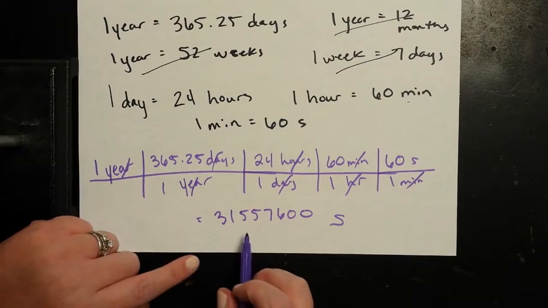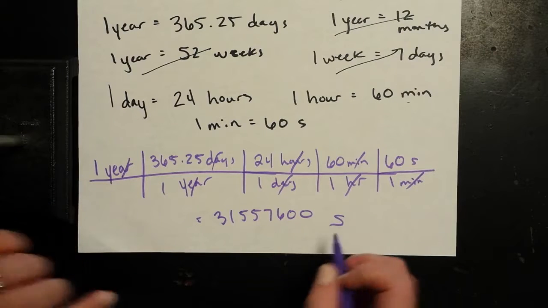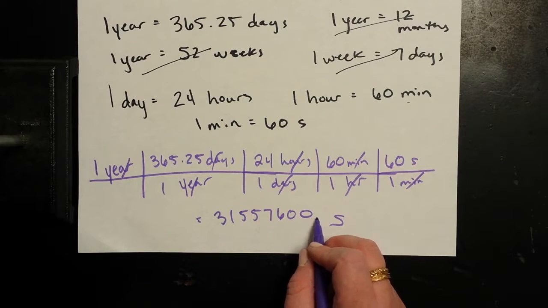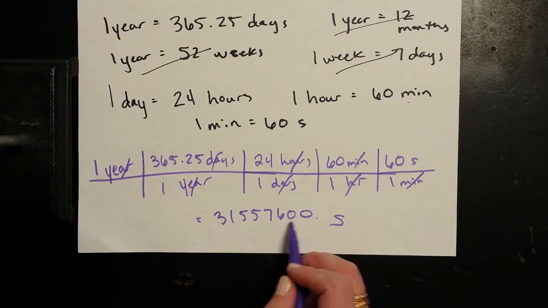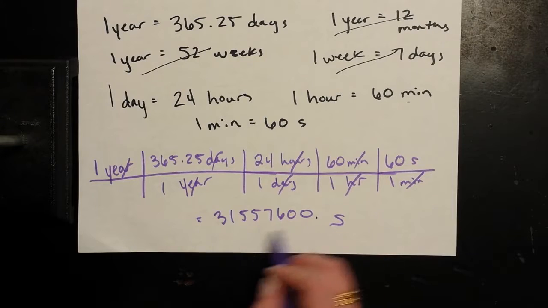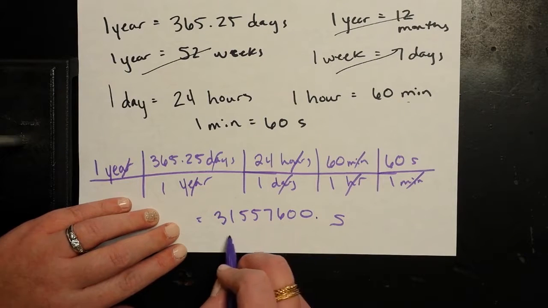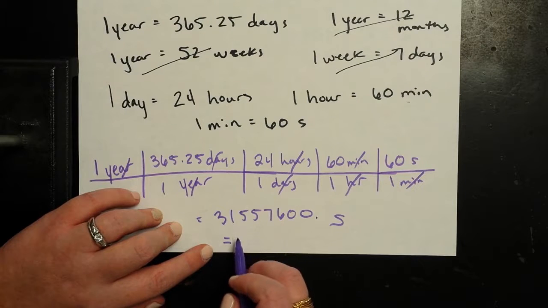This is a big number to deal with, so this is a good opportunity for us to practice writing numbers in scientific notation. Okay. Right now my decimal place is understood to be here. I've got that 0 that is a placeholder for my tens. Okay, so remember for scientific notation, I need my coefficient to be somewhere between 1 and 10.